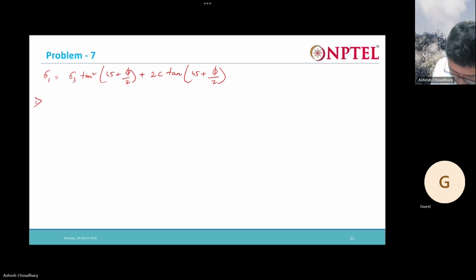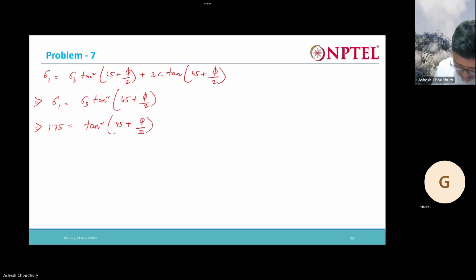Okay, so sigma 1 I know, sigma 3 I know, and this ratio I know, 1.75.